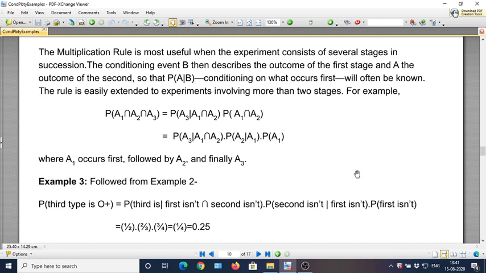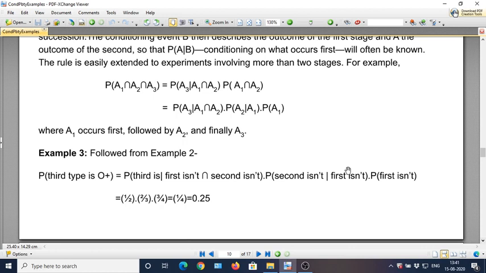Now if you use this for the previous example and ask what is the probability that the third person on testing yields the desired blood type, it is the probability that the third is of the desired type given that the first isn't and the second isn't, into the probability that the second is not of the desired blood type given that the first isn't, into the probability that the first isn't.